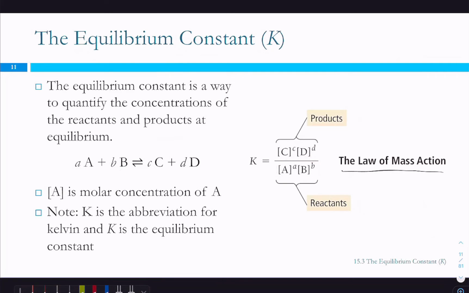So it's always products over reactants. And then the concentration of each is raised to the power of its coefficient. So A will be the concentration of A raised to the a power. So on and so forth for however many products or reactants that you have.